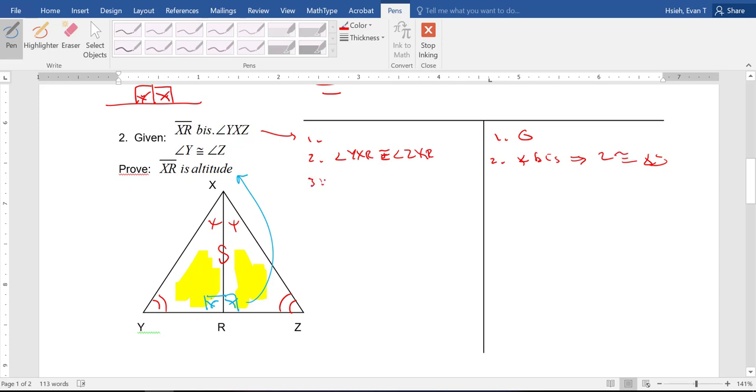Step 3, let's say that angle Y is congruent to angle Z. It's given. From there, I could have, by the way, I could have also said that these are congruent to each other instead of using the reflexive. Let's do that just for laughs and giggles here. XY is congruent to XZ.